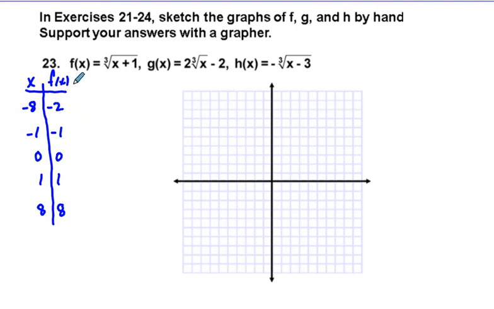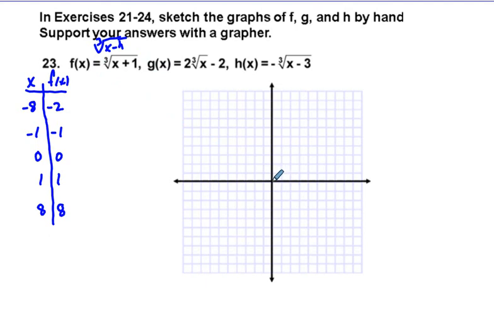And we're going to first translate this 1 unit to the left, because this is after the fashion of the cube root of x minus h, and h has to be negative 1 because we'd have x minus negative 1, so to get x plus 1, we're going to shift to the left.